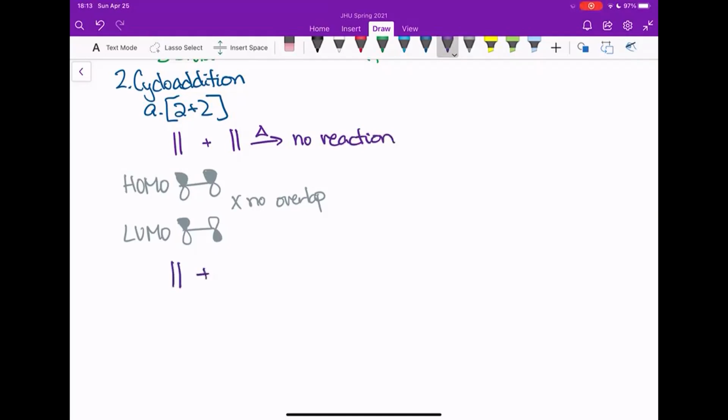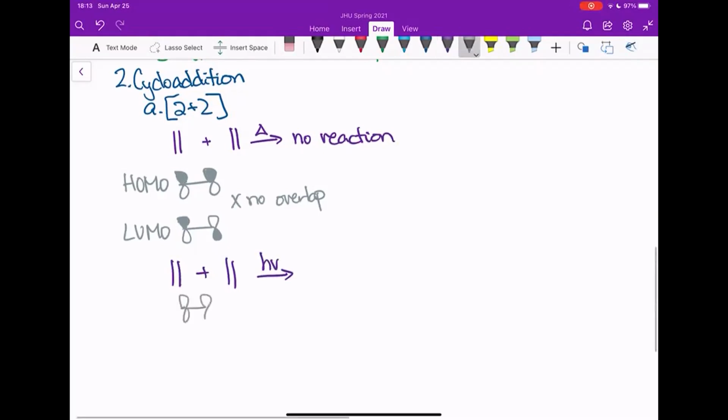Instead, let's try it under UV light. So under UV light, you're going to be using your photochemical HOMO and then your LUMO.